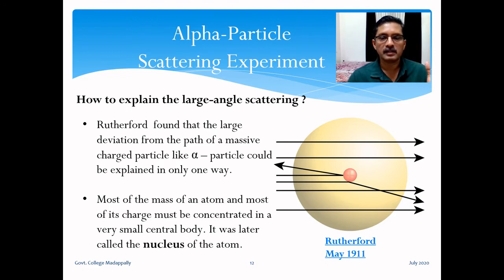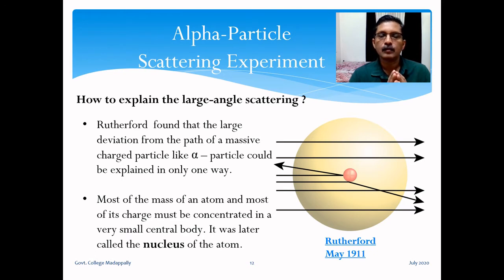So it has charge and it is heavy. Such a large deviation can be explained only one way: most of the mass of the atom and most of its charge must be concentrated in a very small central region, a very small central body, and this central region was later called the nucleus of the atom.